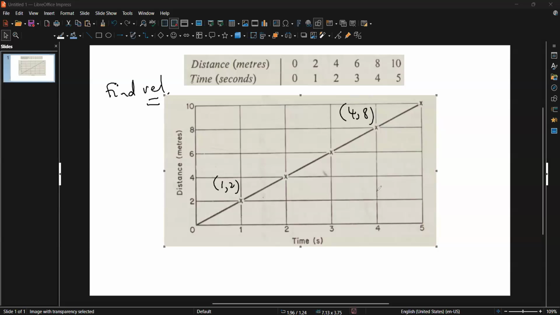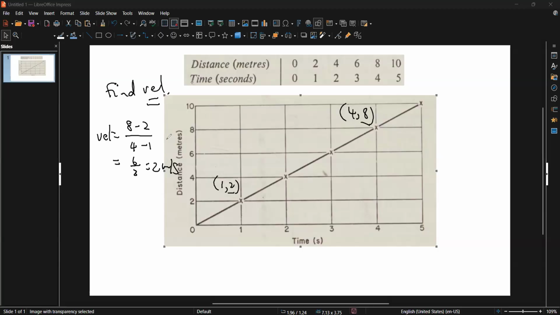Your velocity is going to be equal to 8 minus 2 over 4 minus 1, and you'll get 6 over 3, which is 2. Your unit will be meter per second. Simple as that.